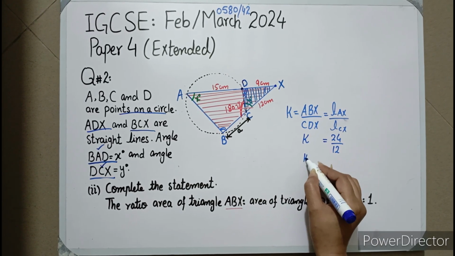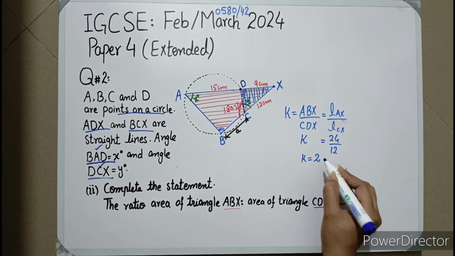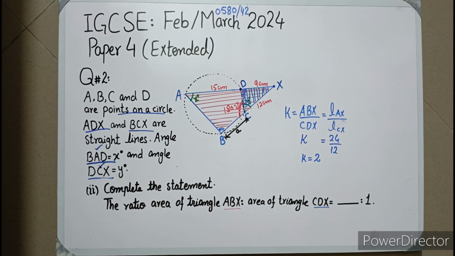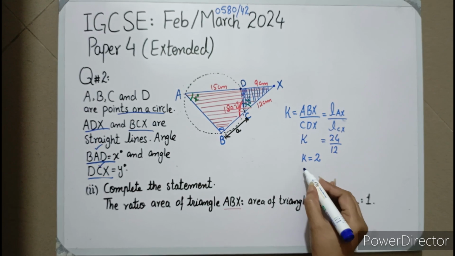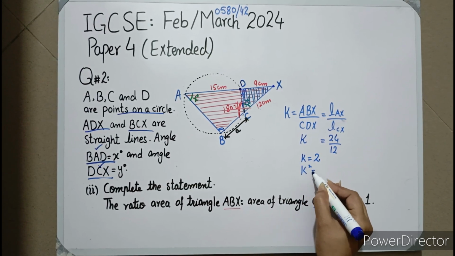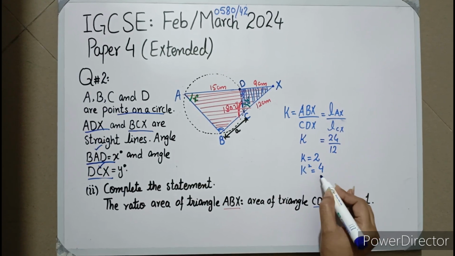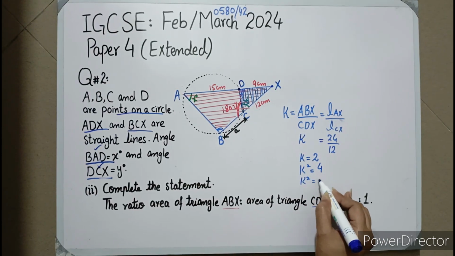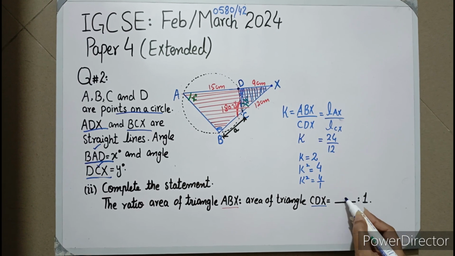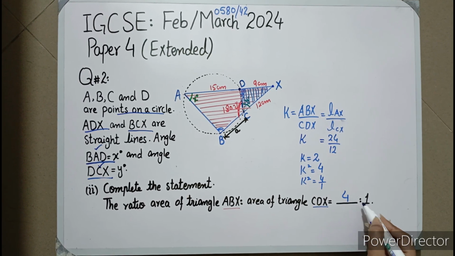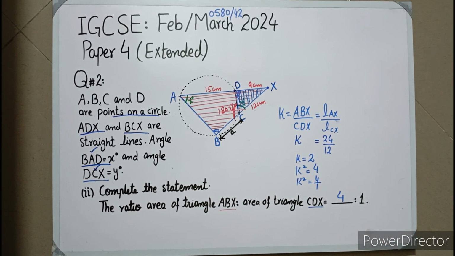So you get the value of k as 2, but here you have to find the area, not the length. So you have to take the square of it. When you square this 2, you get 4. It means k square can be written as 4 by 1. So here it's 4:1. Thank you for watching the video.